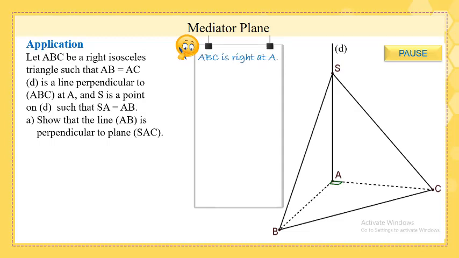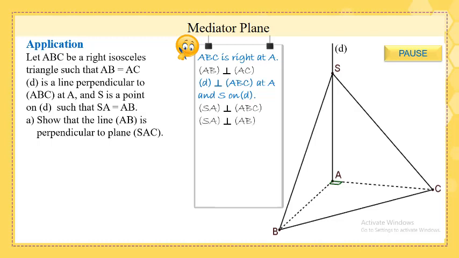Well, we know that ABC is right at A, thus AB is perpendicular to AC. We also know that line D is perpendicular to plane ABC at A and S is on D, so line SA is perpendicular to plane ABC. So SA is perpendicular to AB, perpendicular to AC, and it is orthogonal to BC.